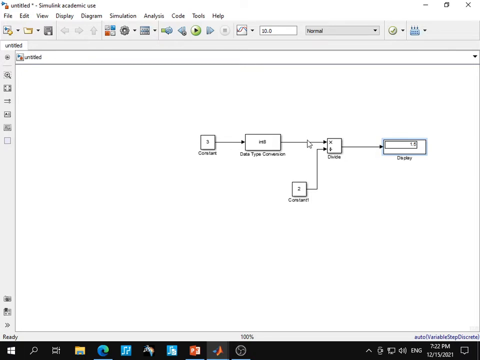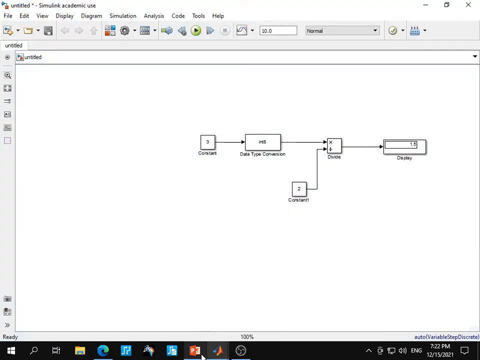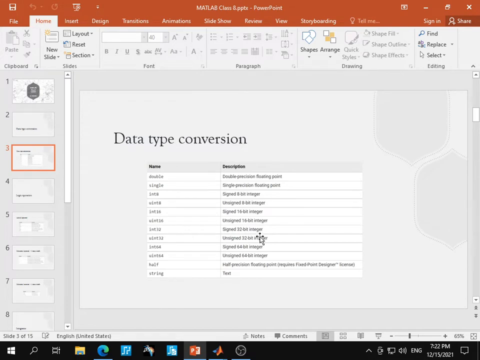The number now is not an integer anymore. Yeah, and these are all the data types that you can use with this block.